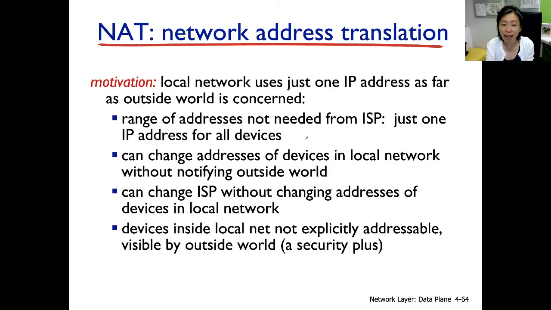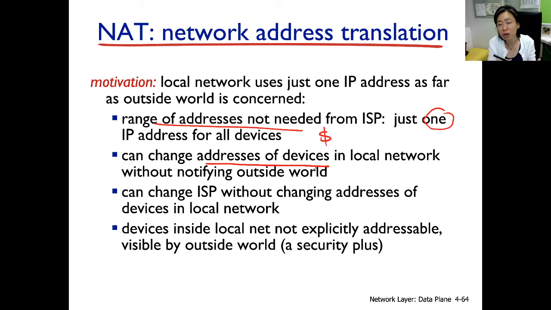What's nice about NAT is this. We don't need to ask the ISP for a block of IP addresses, which is very expensive. One is enough, saving us lots of money. There are 3 more benefits in fact to using NAT. One is this: if we want to change the IP addresses in the local network, we just change them.